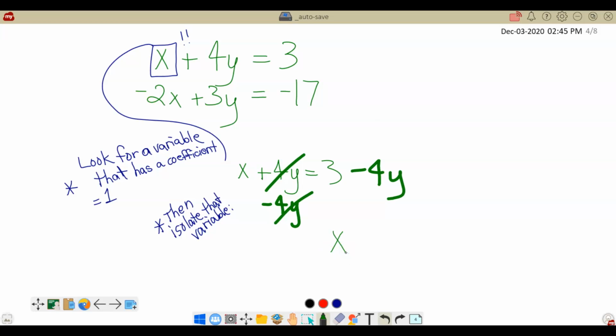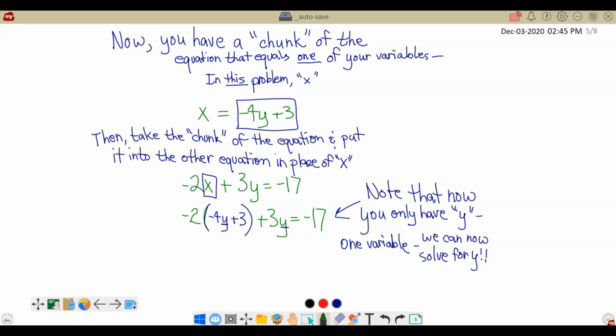I have x isolated, and I have it equal to a piece of the equation. Now you have a chunk of the equation that equals one of your variables, in this problem, x.